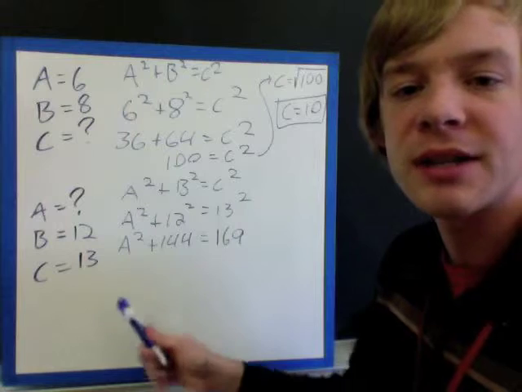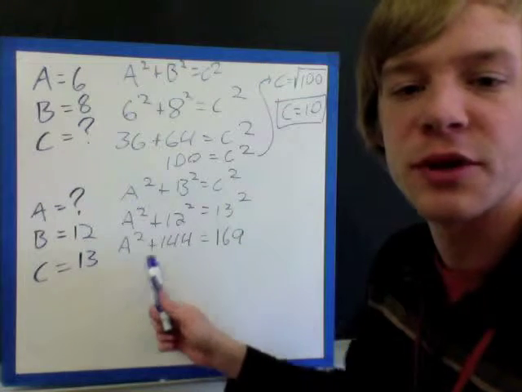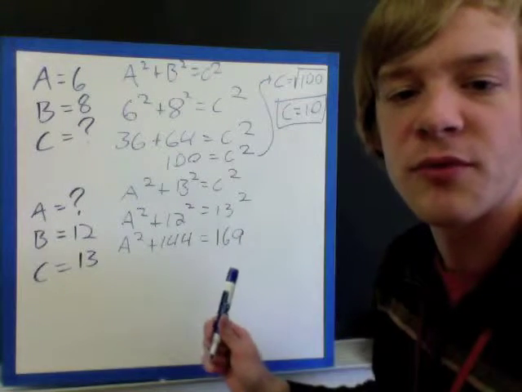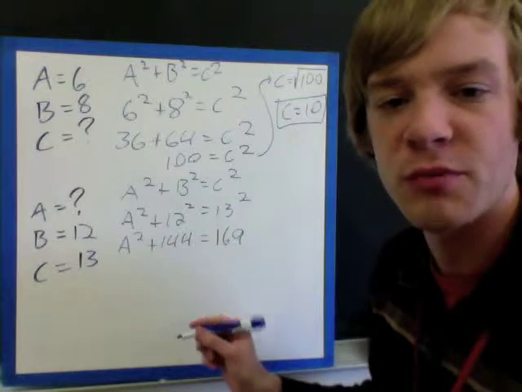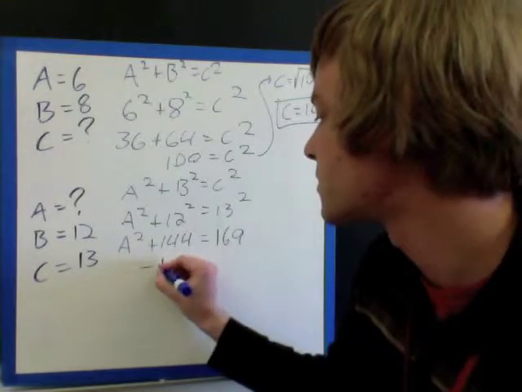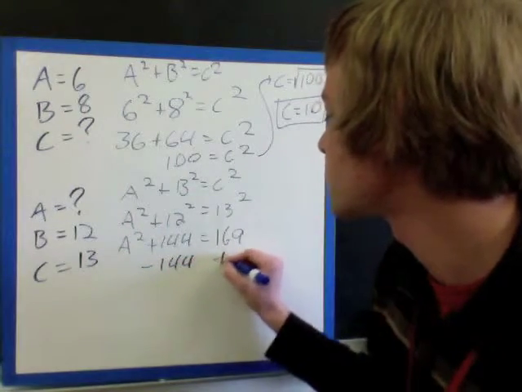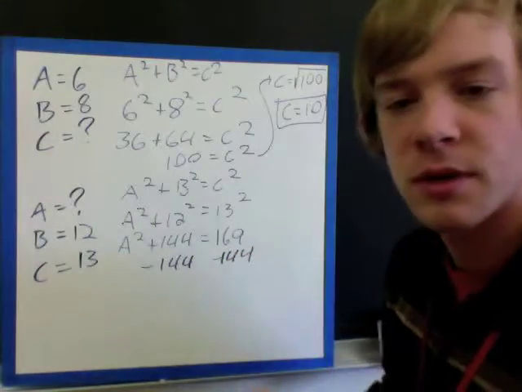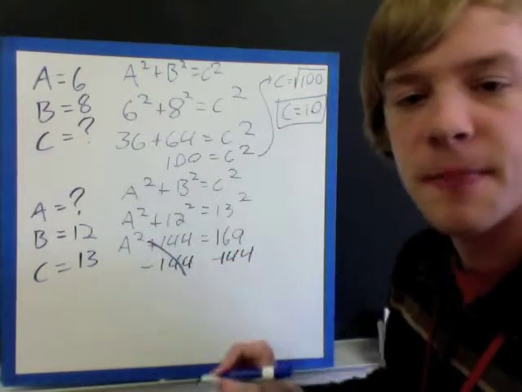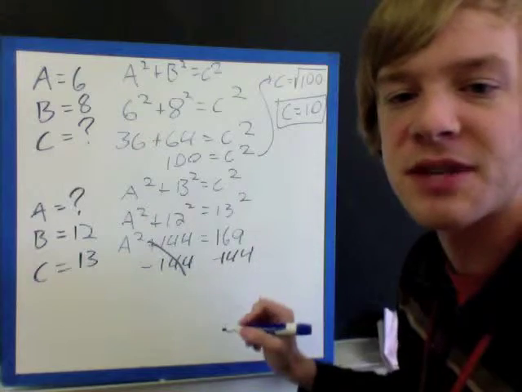So now I need to solve for this a over here, so I need to cancel out the 144. So I'm going to subtract 144 on both sides. These cancel out, and when I subtract these, I get 25.